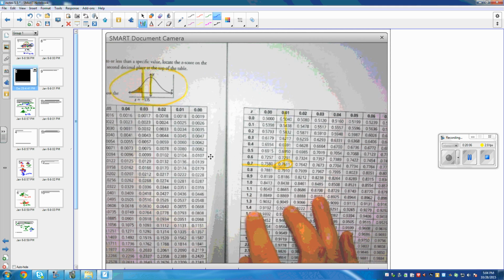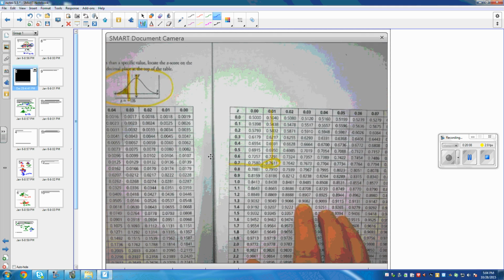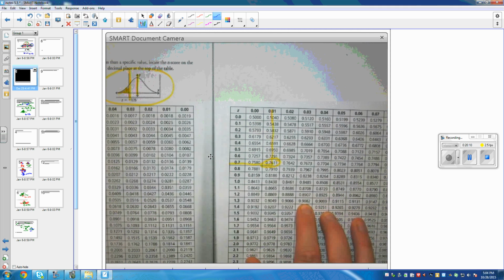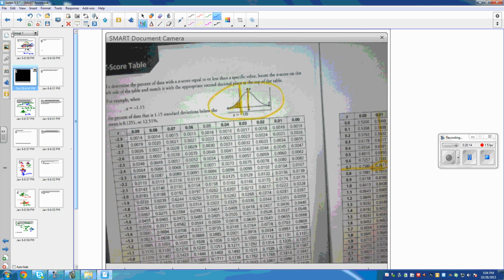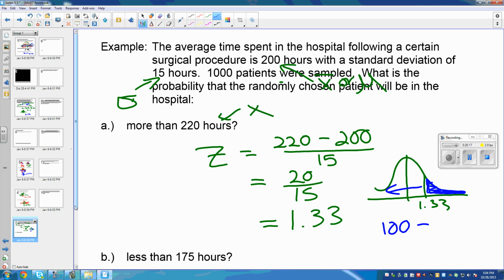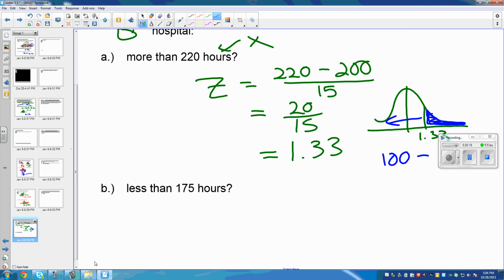Okay. 0.9082, so it's 90.82%, which when we subtract it will give us 9.18% will be more than.